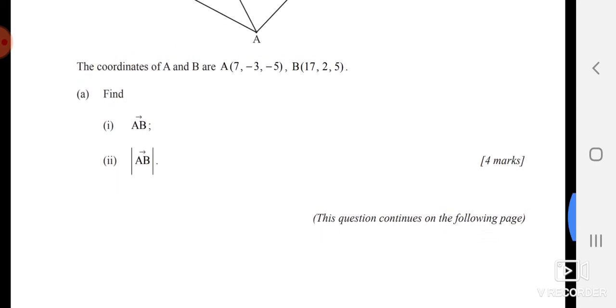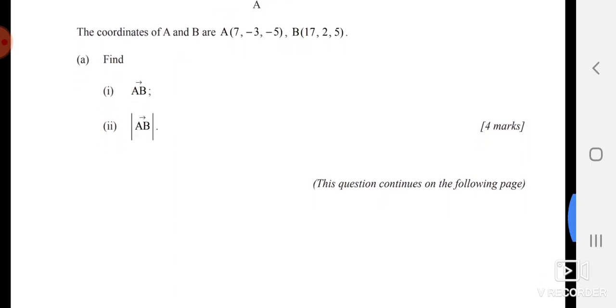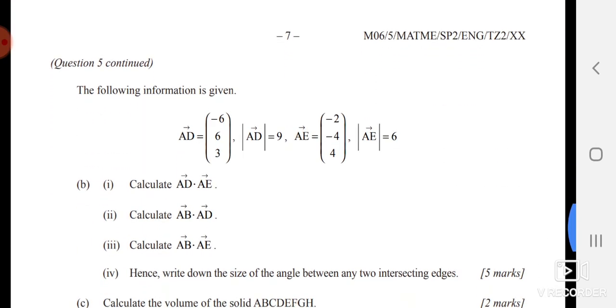Just the square root of x squared plus y squared plus z squared. This way you can calculate the magnitude of the AB vector. And now here I'm going to part B. First part, AD and A are given, and there is a dot product between these two vectors. So A dot AD, AD's magnitude times A's magnitude times cos theta.